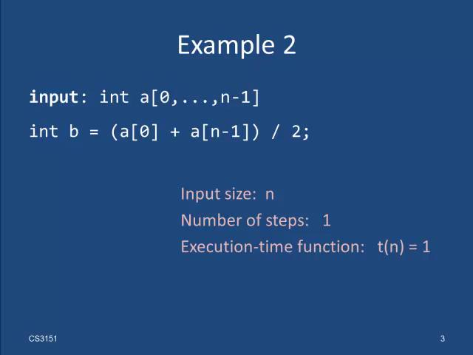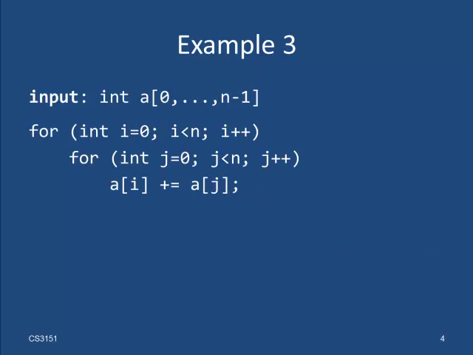Let's take a slightly more complex example with nested loops. The input is the same as in the previous 2 examples, thus the input size is n. Let's start counting the computational steps. The counter i is set once to 0. i is incremented n times. The comparison i less than n is executed n plus 1 times.